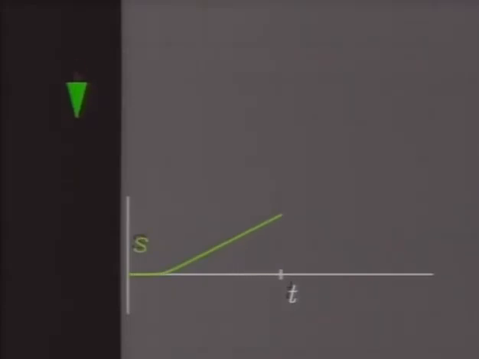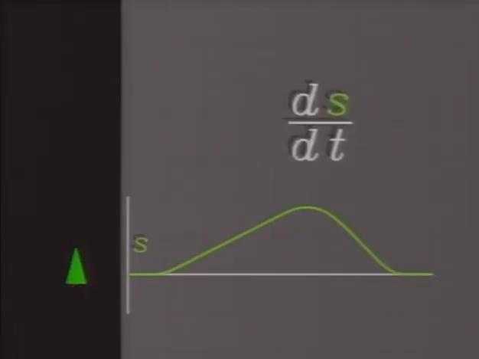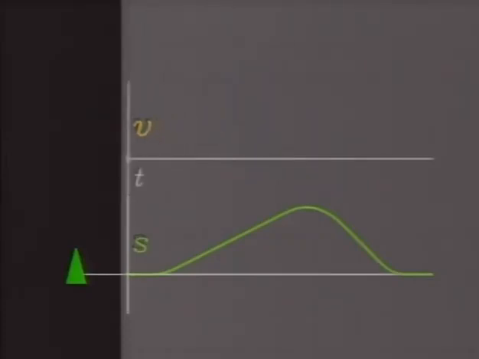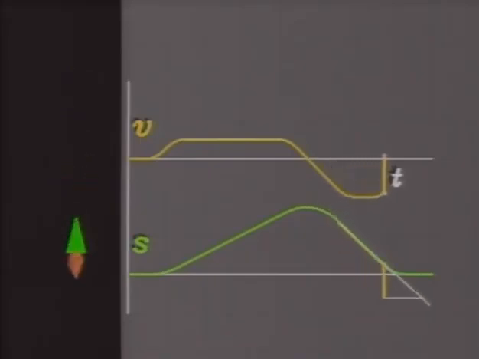For example, when a rocket moves with displacement s at time t, the derivative of the displacement is the velocity, positive for upward motion and negative for downward motion.